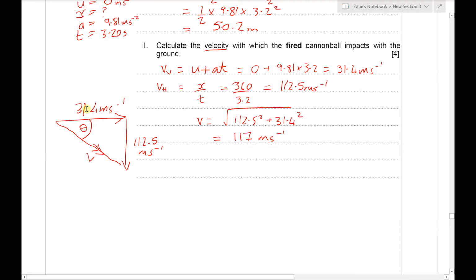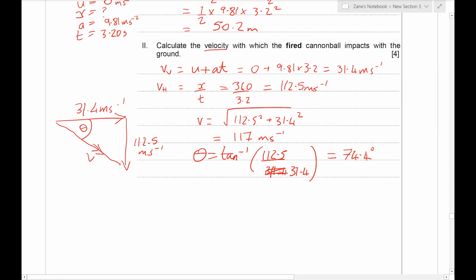Tan of theta would be 112.5 over 31.4. So theta will be tan minus 1 of 112.5 over 31.4. And if we put those into our calculator, we get an answer of 74.4 degrees.